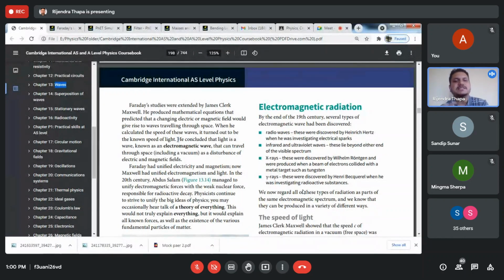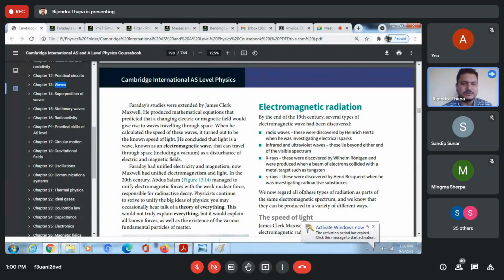So light is defined as an electromagnetic wave that is created because of the oscillation of charged particles or magnetic fields. This was rigorously studied, and the calculation came very near to the velocity of light, differing only to a very small extent.